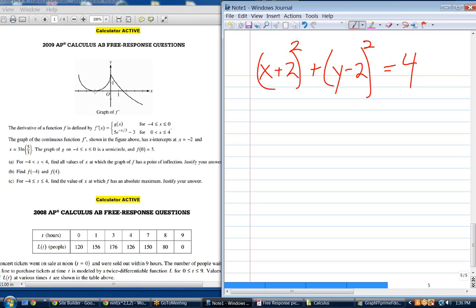So those are two possibilities for local maximums. So if I take the second derivative and check these two points, I'll tell which one of them is a maximum and which one maybe is a minimum.